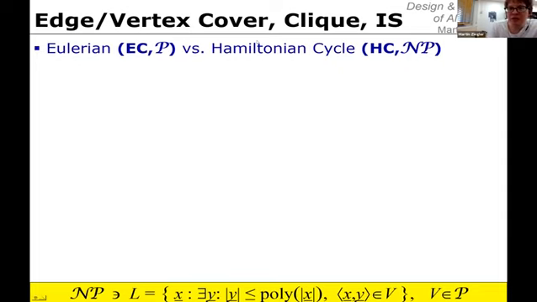For the Hamiltonian cycle problem, we were able to show that it belongs to this class NP, that it is polynomial time verifiable, but we have not been able to find a polynomial time algorithm for this problem. Nor have we been able to prove that there is no polynomial time algorithm. Small change, small difference between both problems seems to make a huge difference in complexity, and I emphasize seems to make a difference because we cannot prove so.